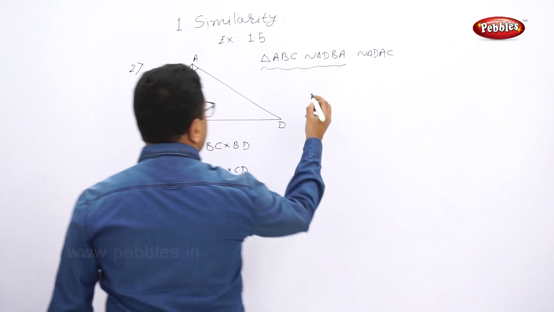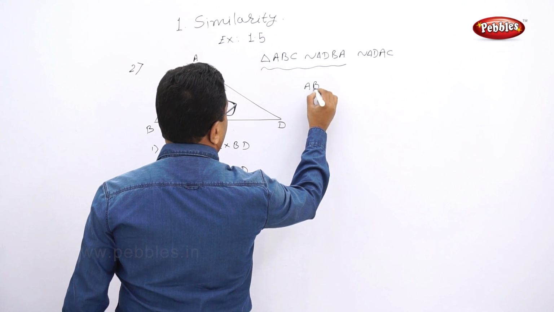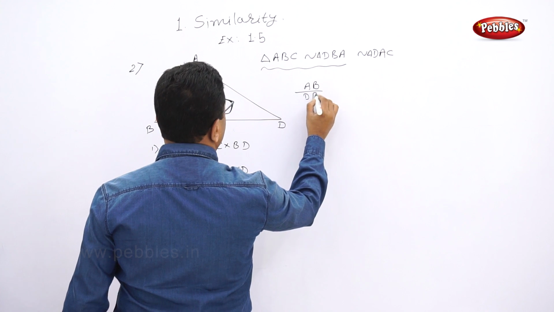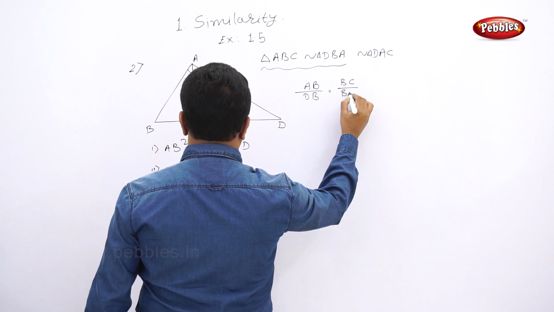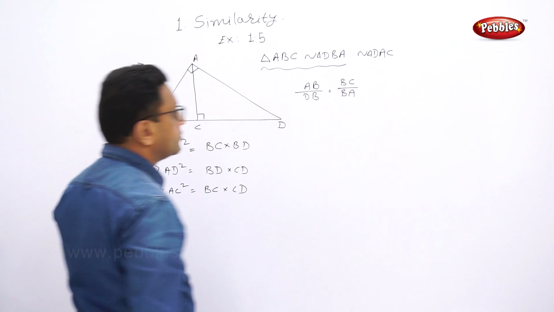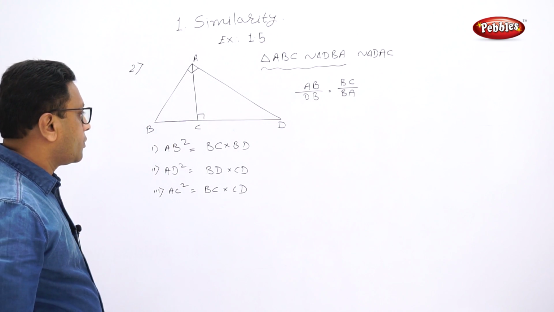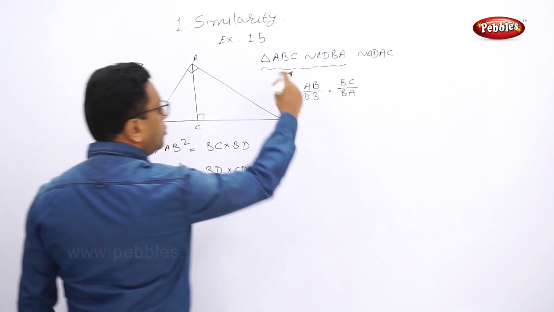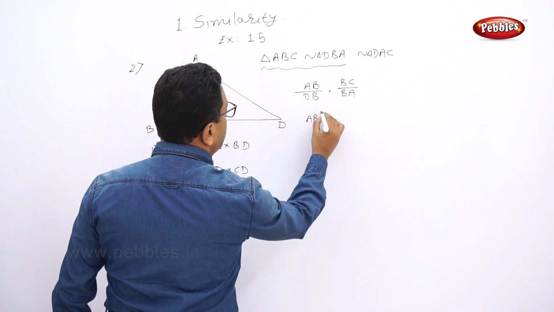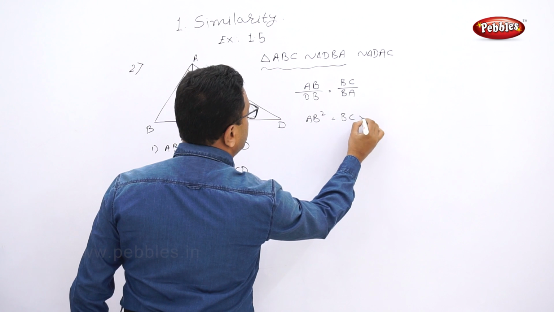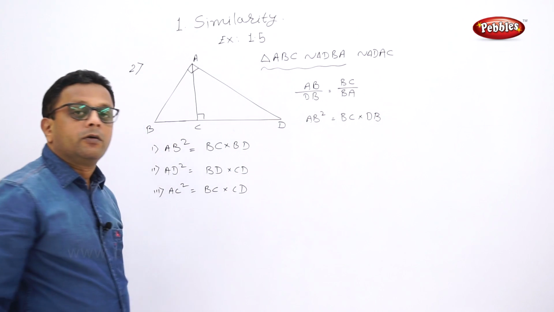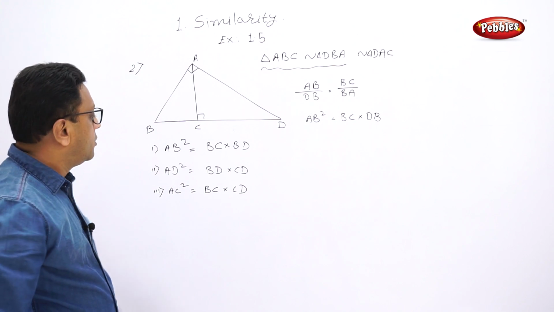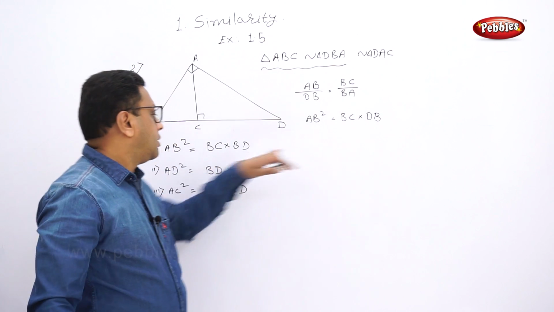So I can write that AB upon DB is equal to BC upon BA. So AB will go that side. So AB square is equal to BC into DB. Very simple proof. BD is nothing but DB, and BC is there.